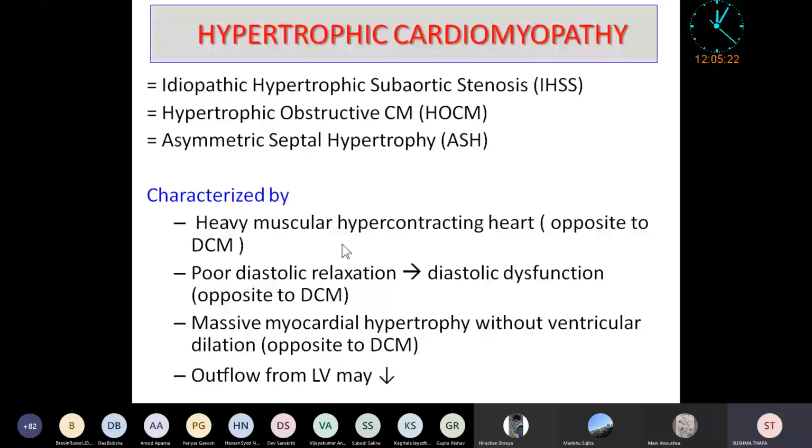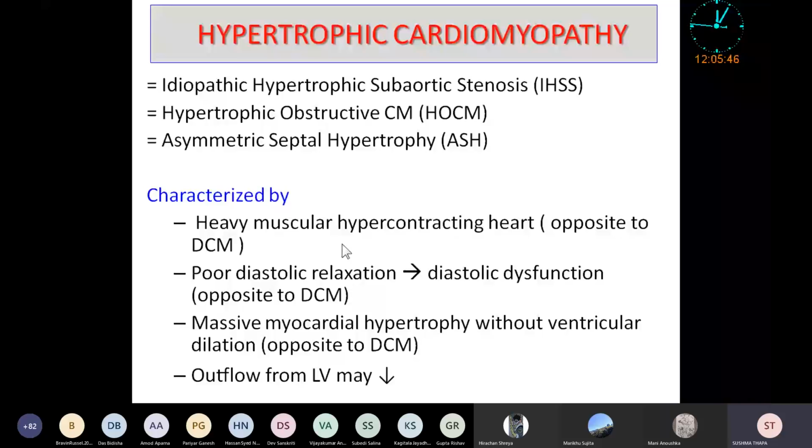Okay, here the first one is the idiopathic hypertrophic subaortic stenosis, meaning the patient may be having aortic stenosis. Because of that, there is hypertrophy of the ventricular muscles, and the cause for the stenosis may not be known. So it is idiopathic. Or another may be hypertrophic obstructive cardiomyopathy.